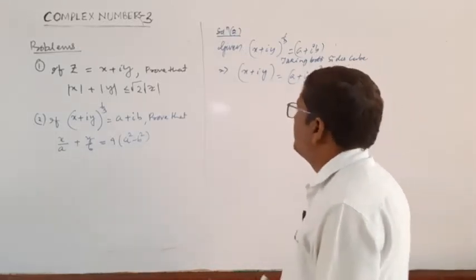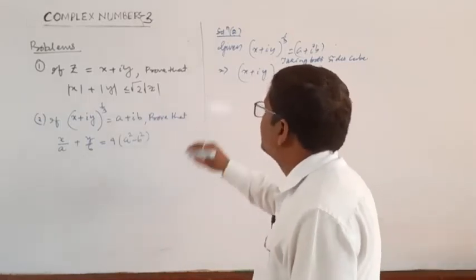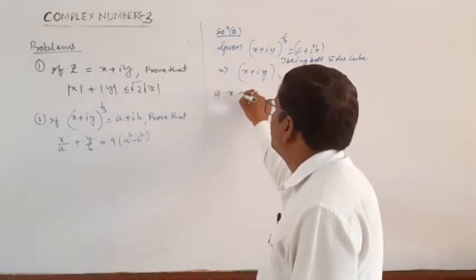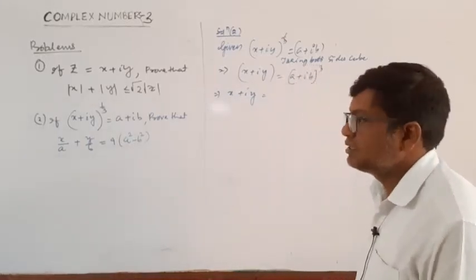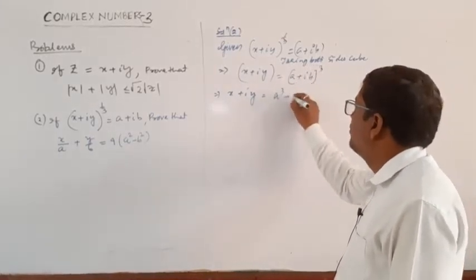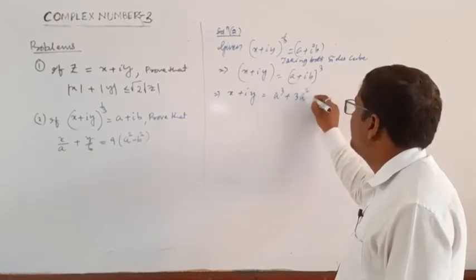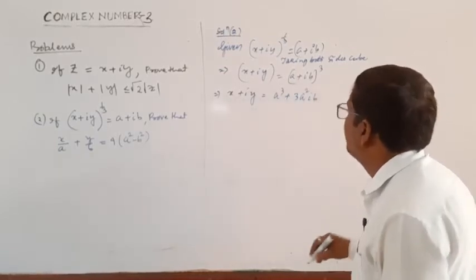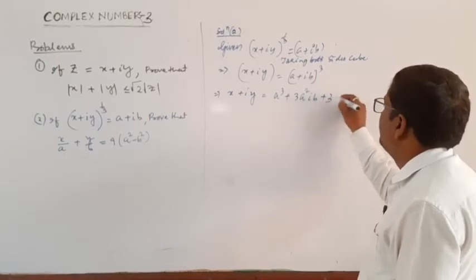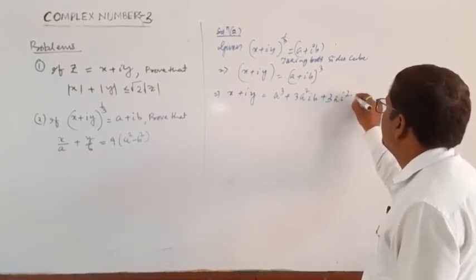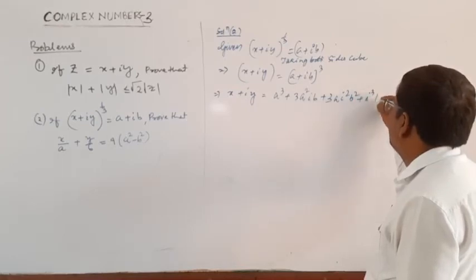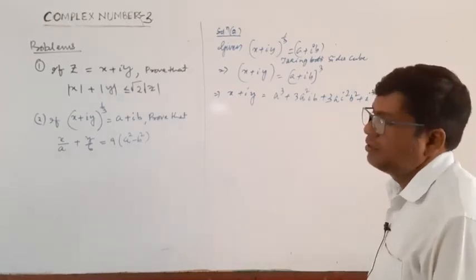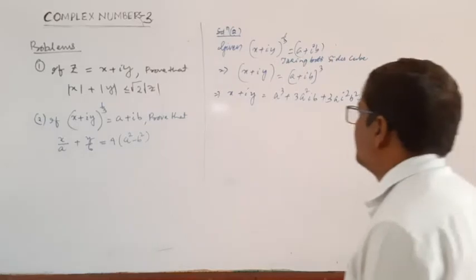Now to prove x by a, x plus iy is equal to, apply a plus b whole cube: a cube plus 3a square b i, plus 3ab square i square, plus i cube b cube.